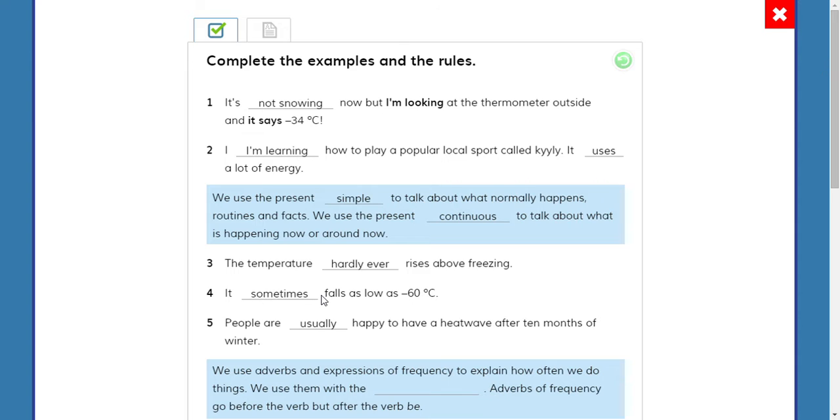It sometimes falls. People are usually happy. Yes, with the present simple. You're right. Present simple, not with the present continuous.